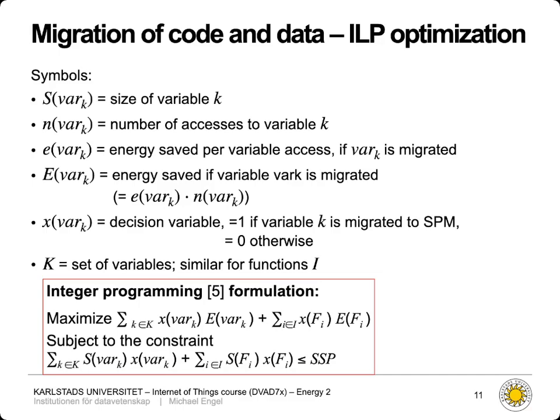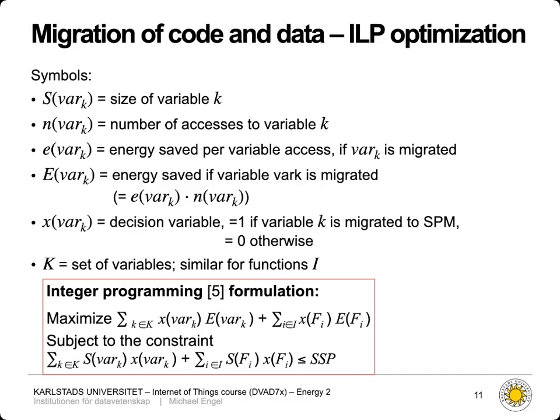So E is the energy that's saved. We're trying to maximize the energy saving for all the variables which have x equal to 1, so which are in scratchpad memory. And this is subject to the constraint which we already mentioned on the previous slide.